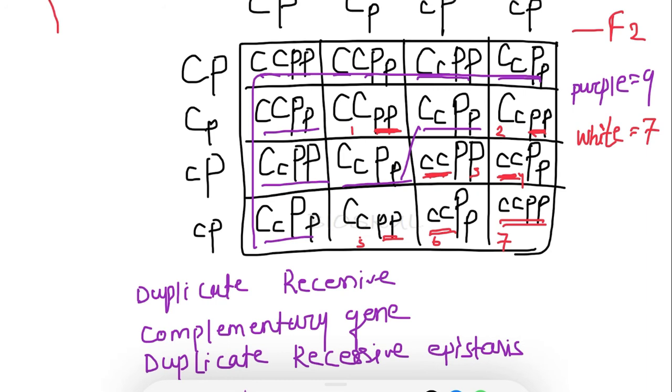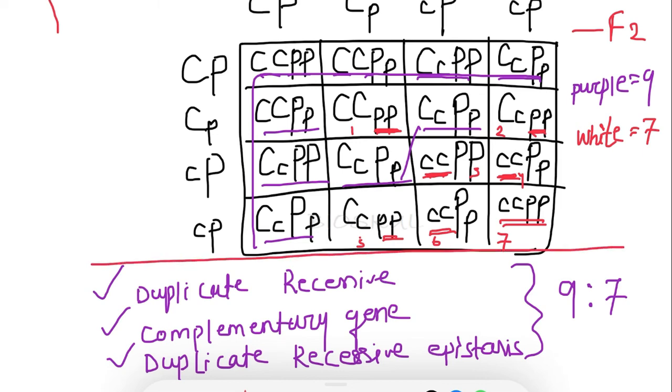If in the examination you get a question, what is the phenotypic ratio of duplicate recessive gene interaction, or it may be complementary gene interaction, or duplicate recessive epistasis, the answer is the same. The F2 generation phenotypic ratio for all these three types of gene interaction is 9:7.